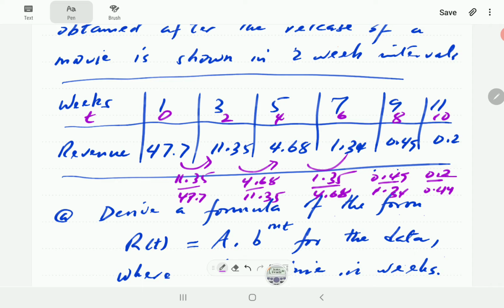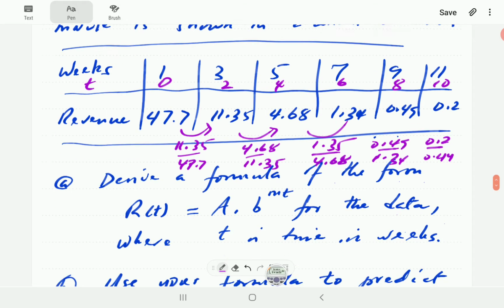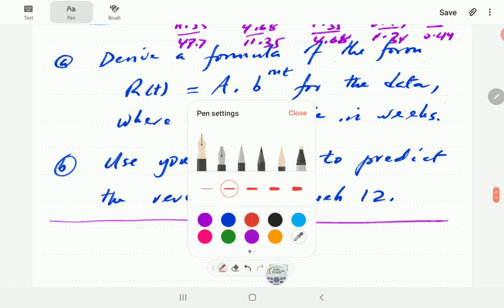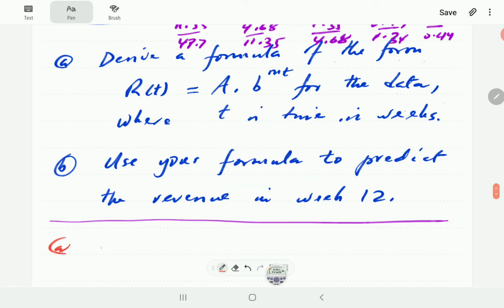Then it's going to be like 1, 2, 3, 4, 5 of these, and we're going to take a mean, or the simple mean of all of them.